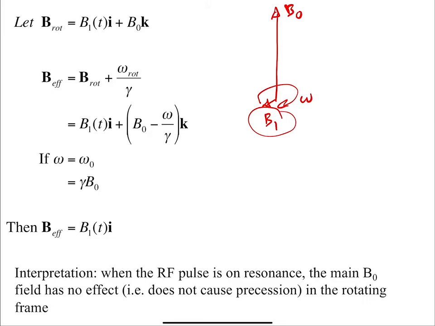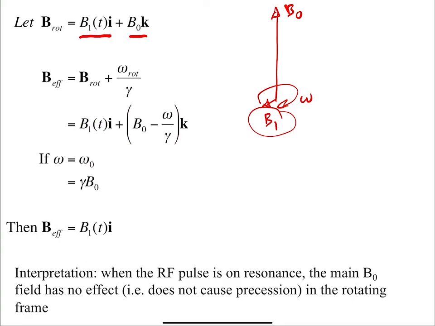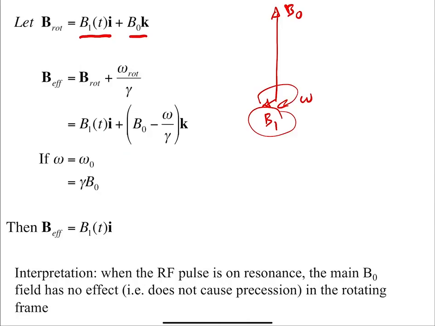So I've got B1 of t times the i hat plus B0 k hat. When I write this, this term here is this term here. So it's basically going to be 0, 0, minus omega hat. So only the k hat term really matters.